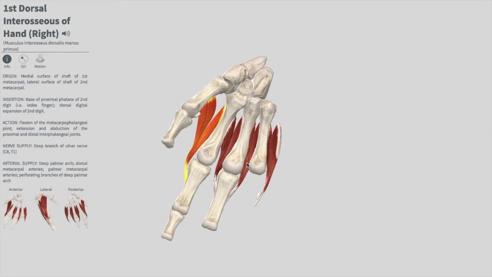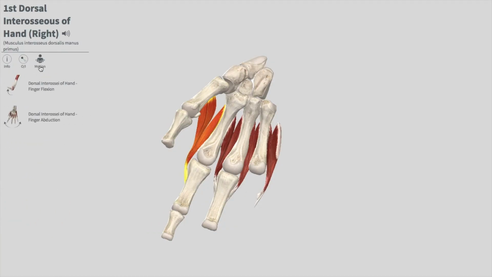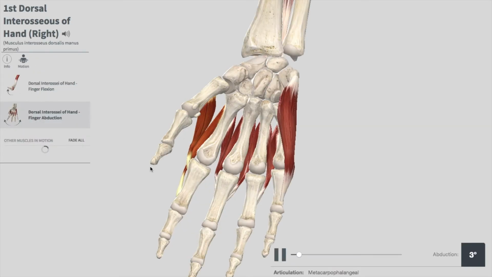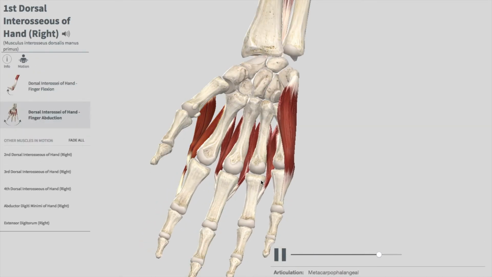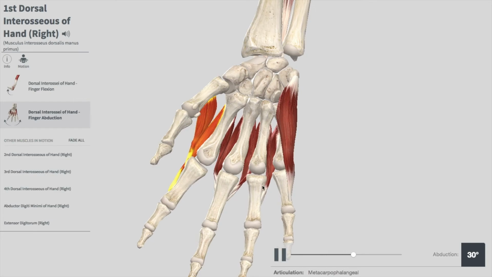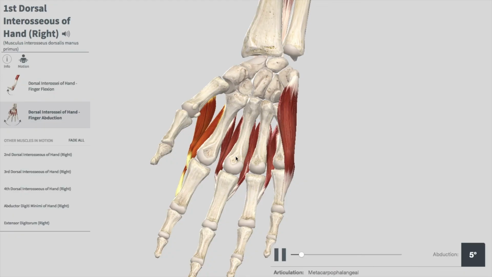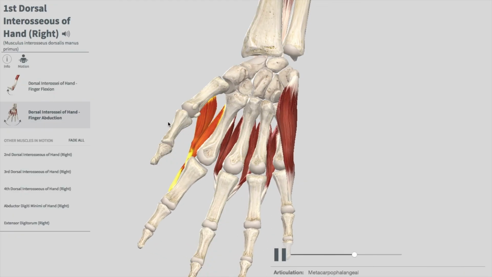The function of these muscles is to abduct the digits, pulling the second and fourth finger away from the third. I can maybe show you on this one. Here you see pulling the second and fourth finger away from the third, and the third doesn't move at all. You can try it yourself, and keep an eye on the third finger; it won't move at all.